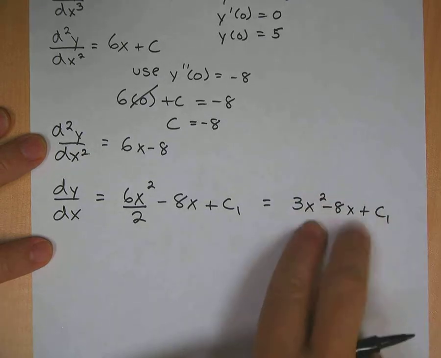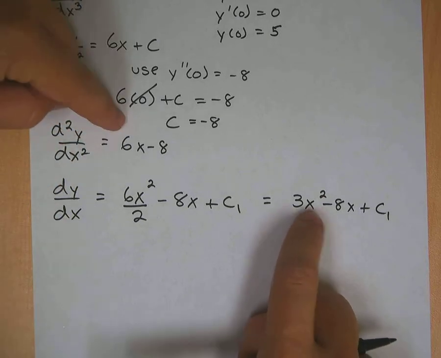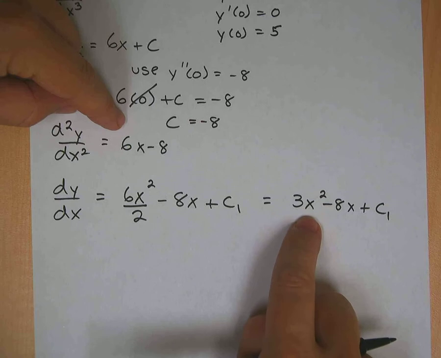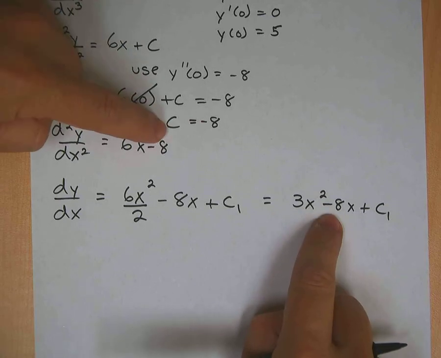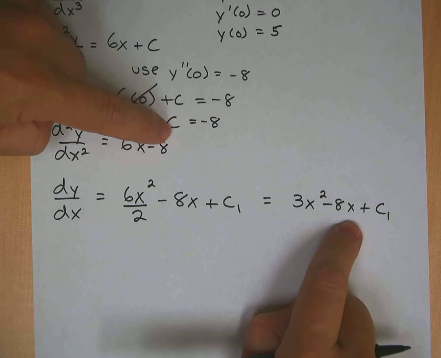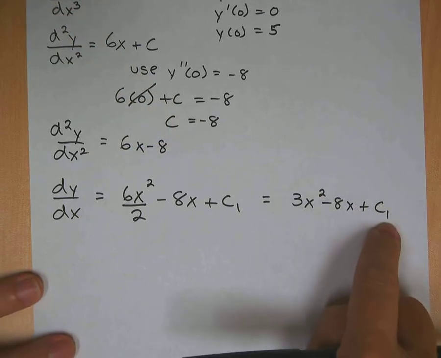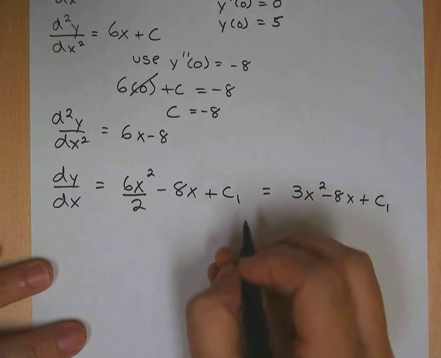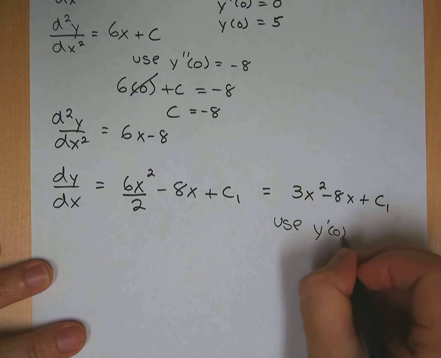Okay, if I clean that up a little, we get this, and you can always test by taking the derivative of this and see if it would have given us this. The derivative of 3x squared, to bring the 2 down, turns into a 6x. There it is. The derivative of -8x is -8, and the derivative of a constant would go away. So we need to now figure out what this constant is. We use this information: y prime of 0 is equal to 0.